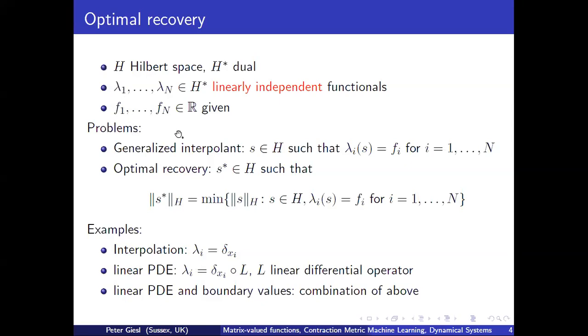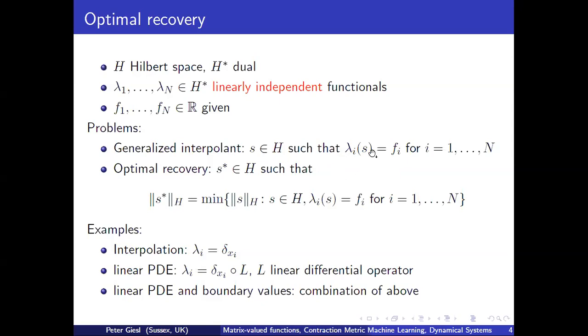And the problem of optimal recovery is the following. We're looking for a generalized interpolant. So first of all, we need an element s in H, so that lambda i of s are these values f i. So if lambda i is delta x i, then this is the classical interpolation of a function with certain values.